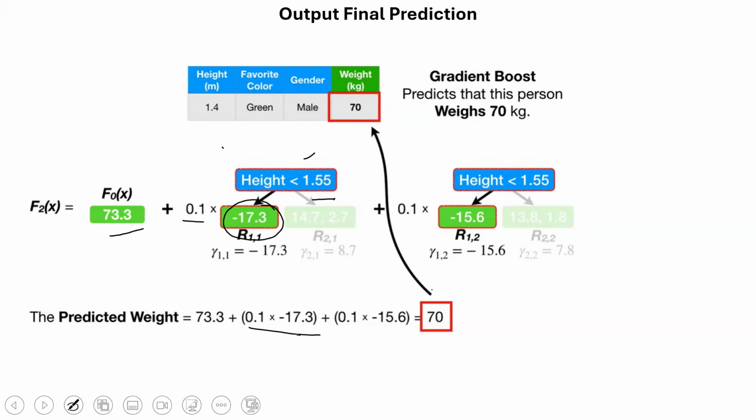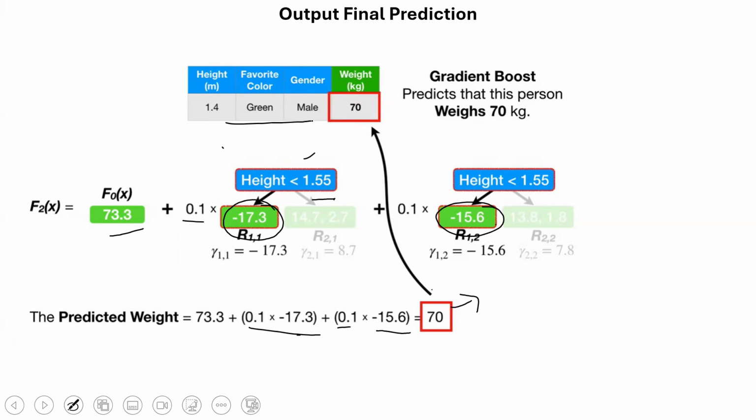Plus, if you calculate the second tree, again height is less than 1.55, so the second tree gives minus 15.6. So 0.1 times minus 15.6. So the final value is 70. So we predict the weight of this particular person as 70. This is how the gradient boost algorithm works for regression, where we predict a continuous value.